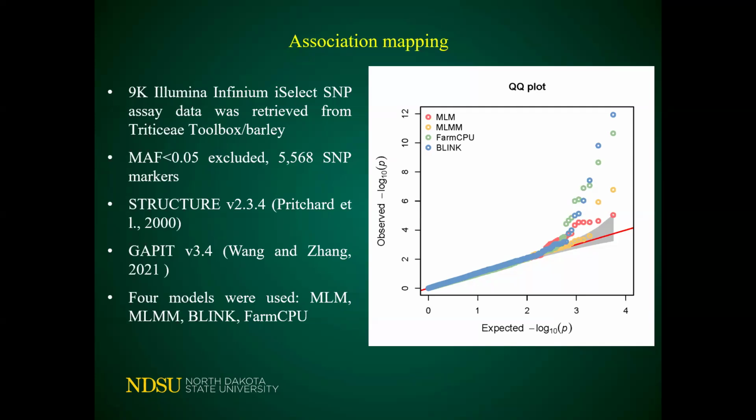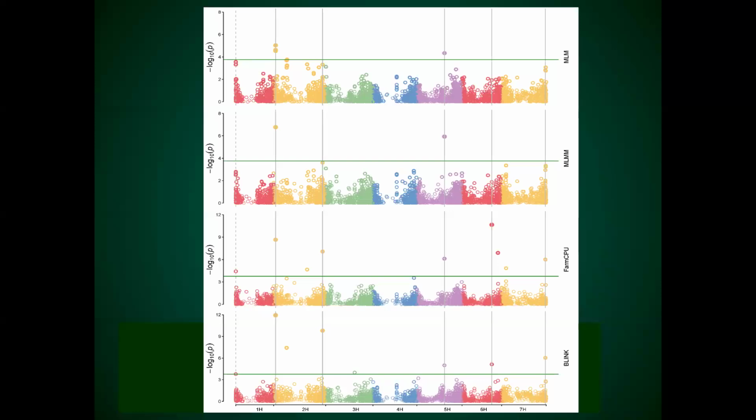This is the QQ plot, and this is the Manhattan plot. You can see for each model we found some MTAs associated with resistance, and a few of them were detected across different models.